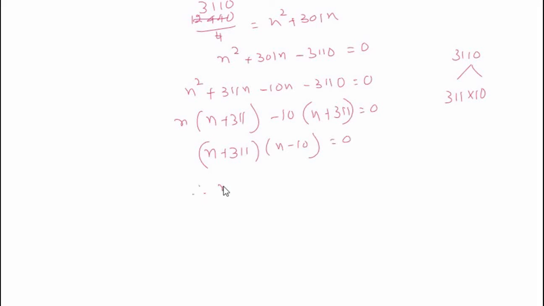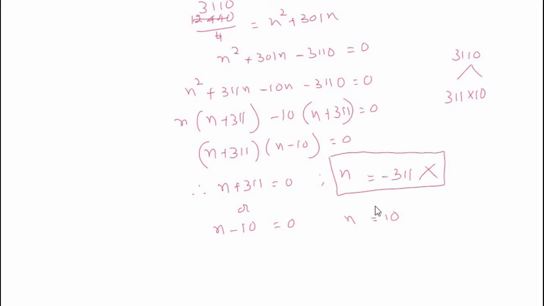Therefore N plus 311 equal to 0, or N minus 10 equal to 0. In this case N is equal to minus 311. In this case N equal to 10. This answer is not possible because N is negative. The number of months cannot be negative. So the answer is the number of months equal to 10.